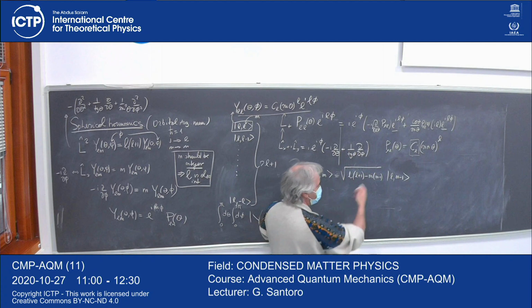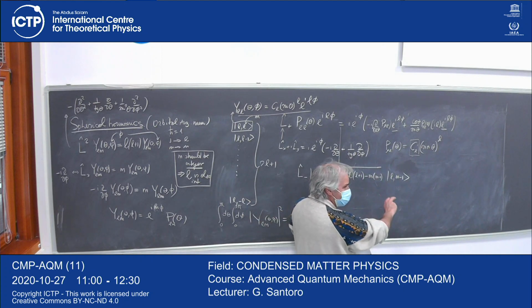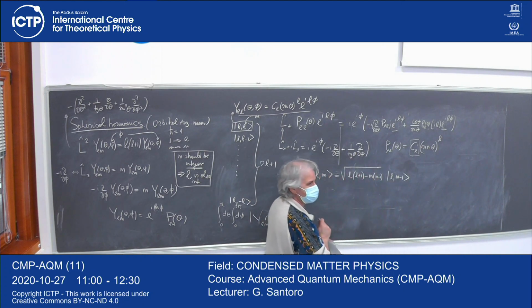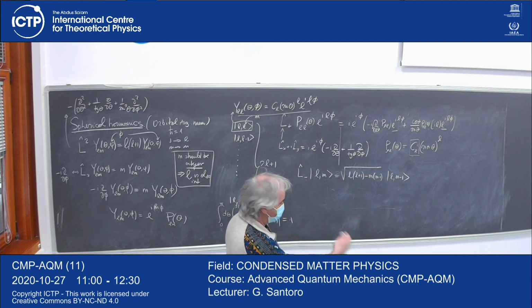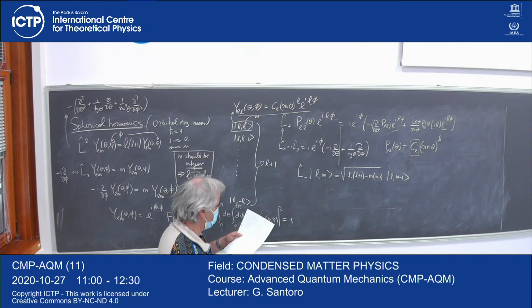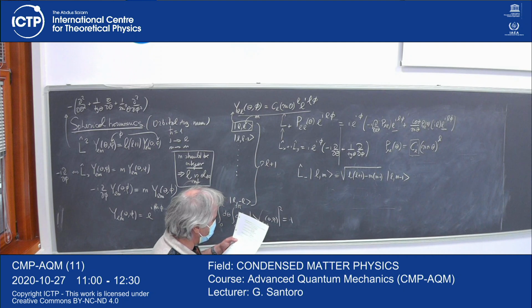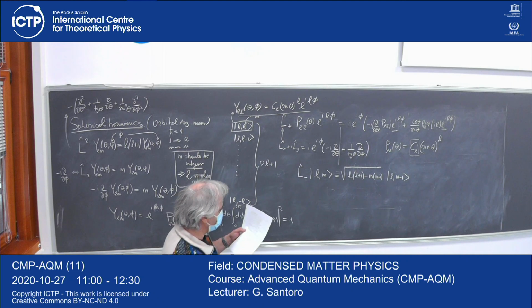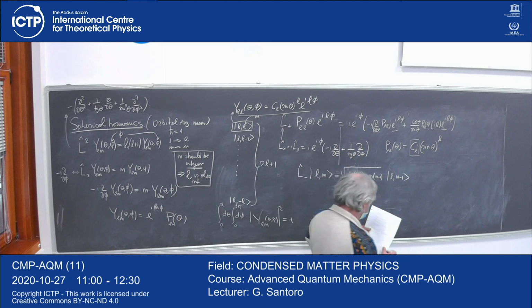And then I apply to L minus 1, and I get L minus 2, with the square root, obviously. So it's a machine, essentially, that can do it. So let me just do it in one example.